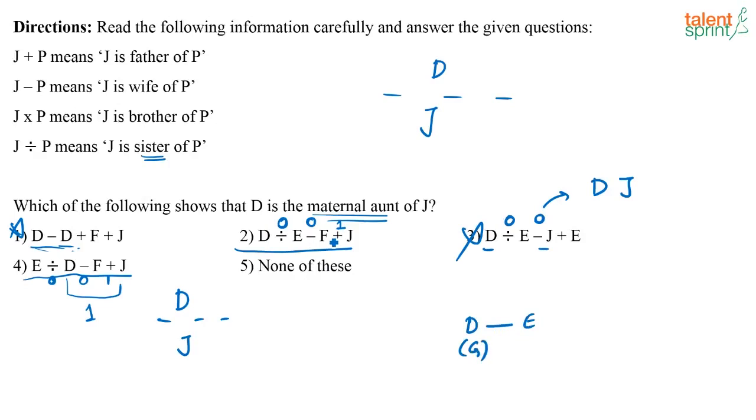Then E minus F means E is the wife of F. So, E is a female, F is a male, and then next says F plus J means F is the father of J. Now, here, yes, D is the maternal aunt of J. Whatever be the gender of J, D is the maternal aunt of J. That is his or her mother's sister. Correct answer is option 2. Okay. So, the correct answer here is option 2.